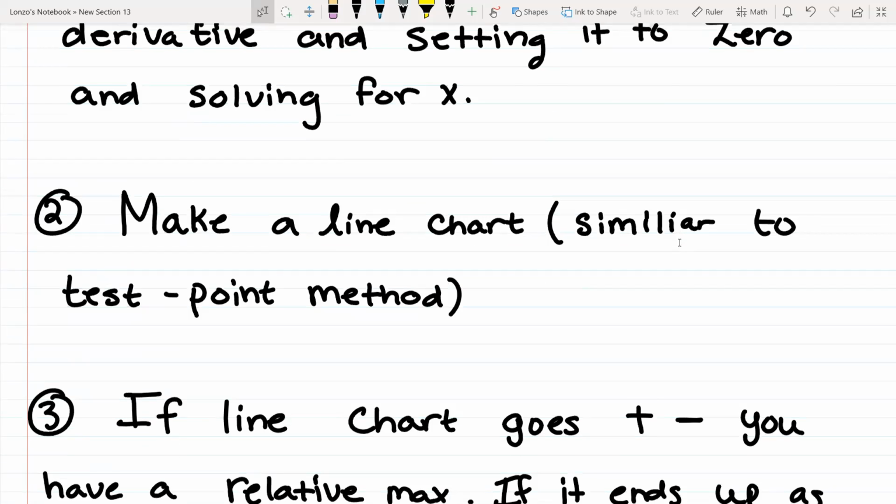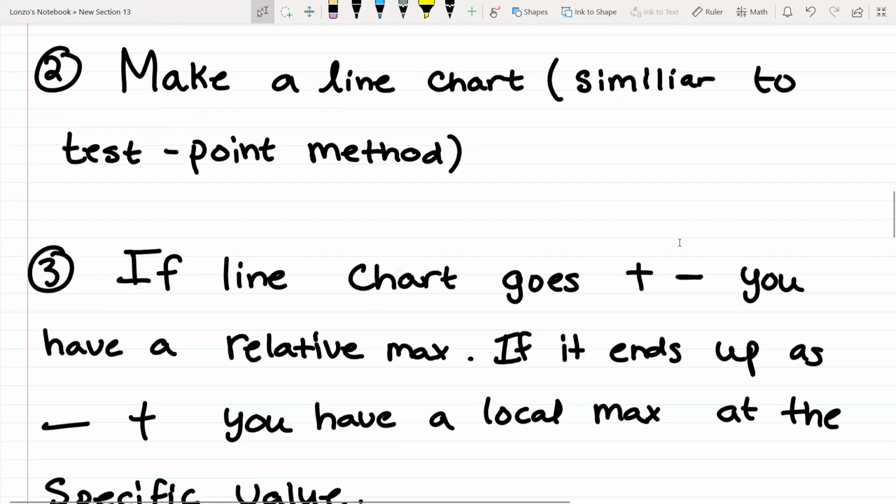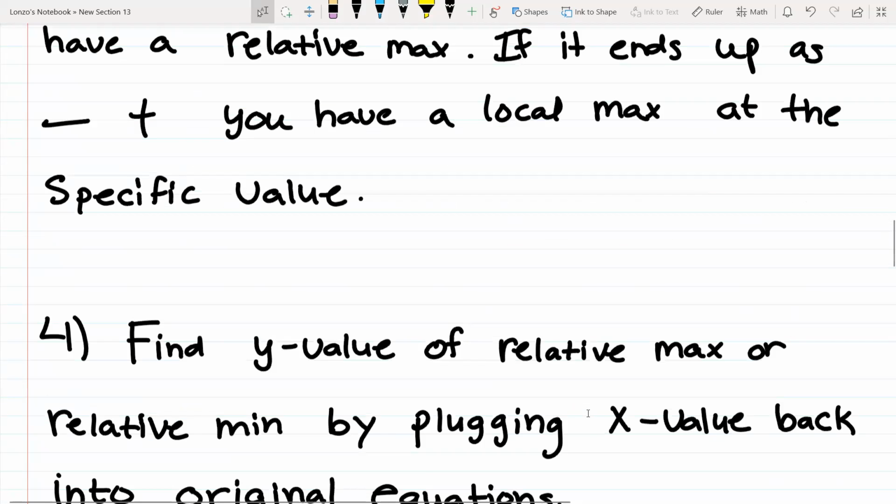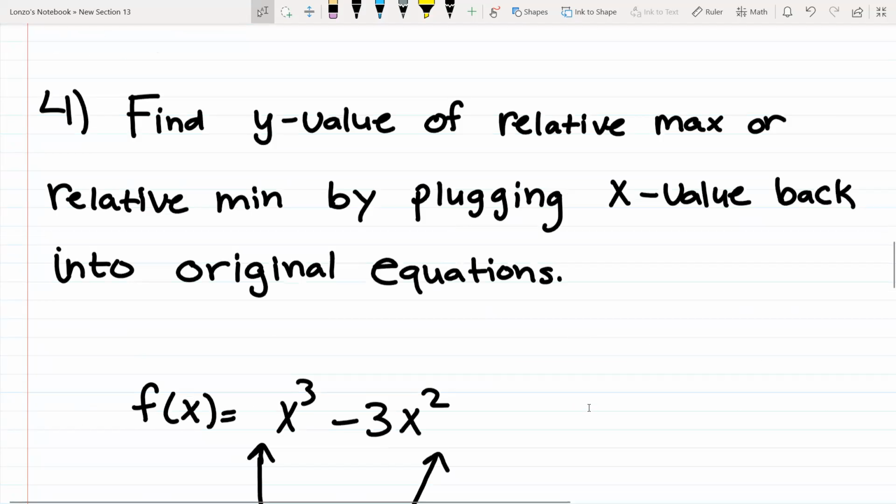Step 3 says if the line chart goes from positive to negative, you have a relative max. If it goes from negative to positive, you have a local min at that specific value. Step 4 says to find the y value of the relative max or relative min by plugging the x value back into the original equation.